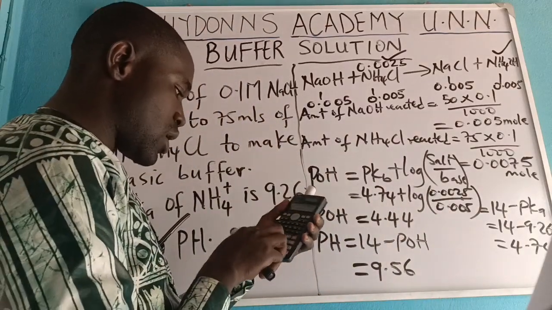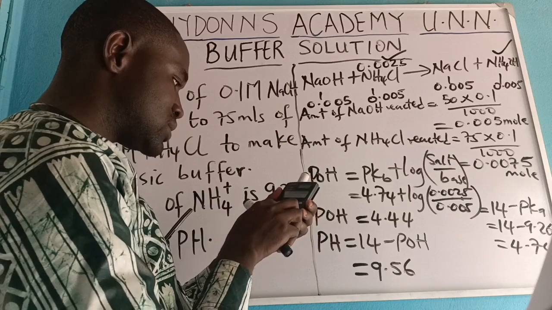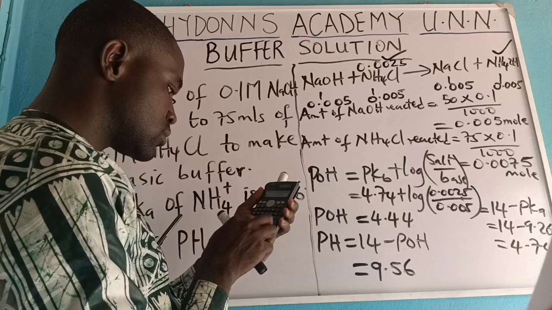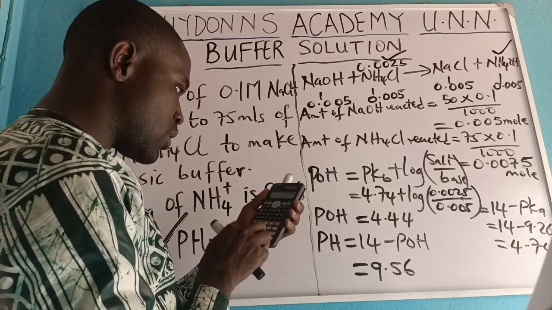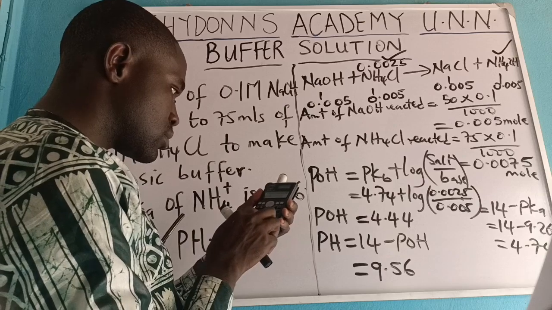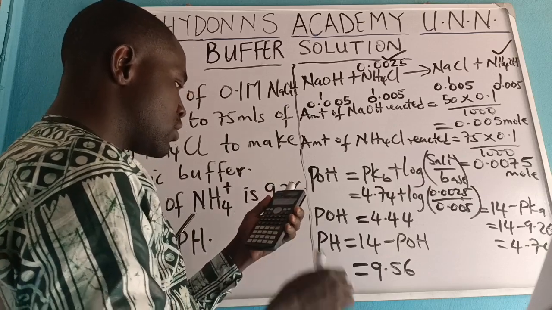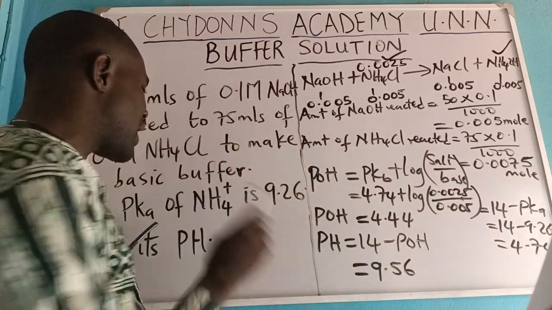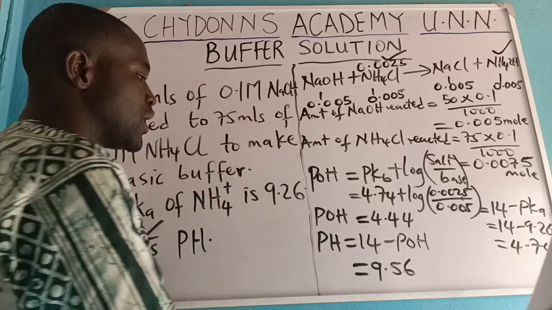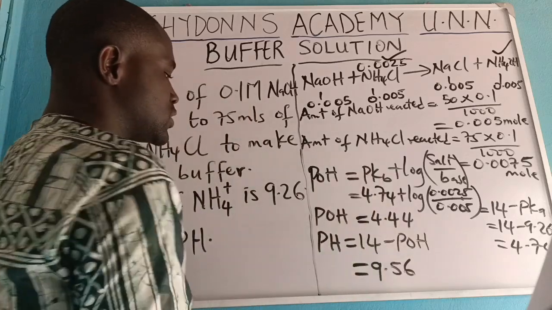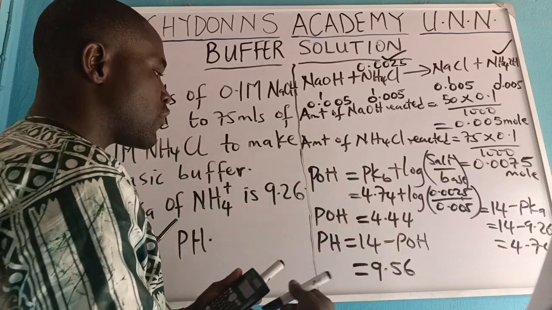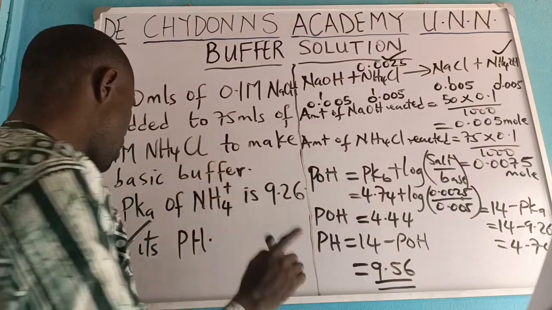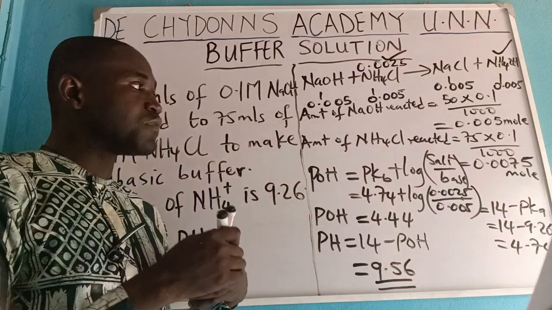You put it in your calculator and you will be having 4.44 as the pOH. That means the pOH of your basic buffer is 4.44. What about your pH? pH will be equal to 14 minus pOH. That will be giving you 14 minus 4.44, which is 9.56. That is the answer for the pH of that buffer.